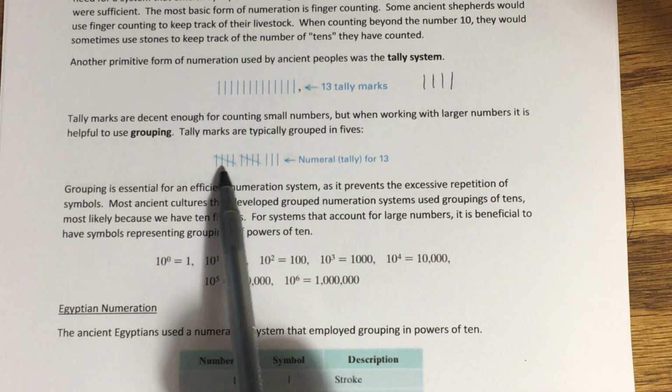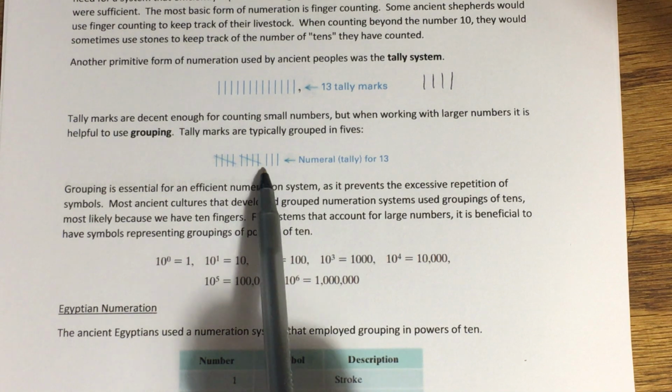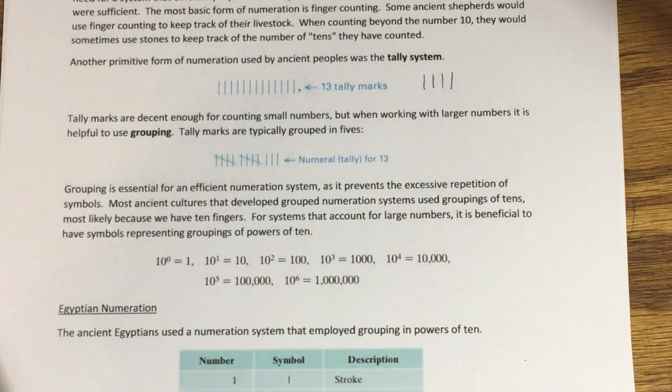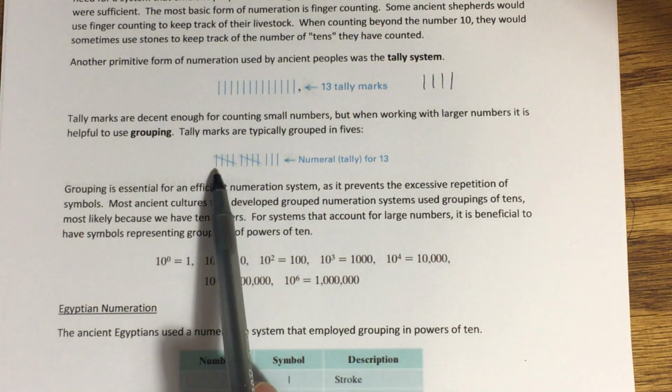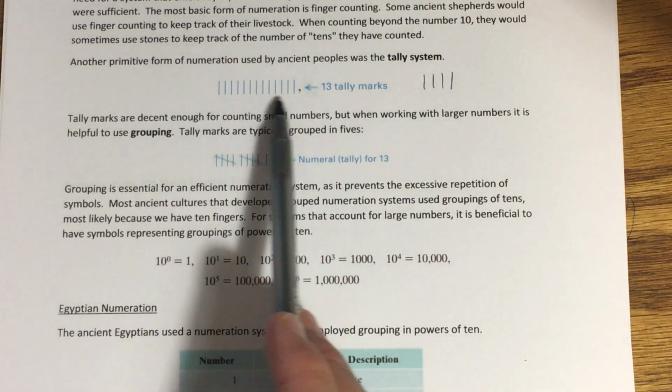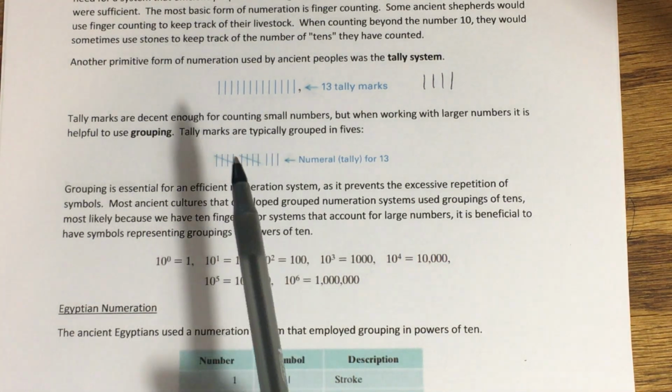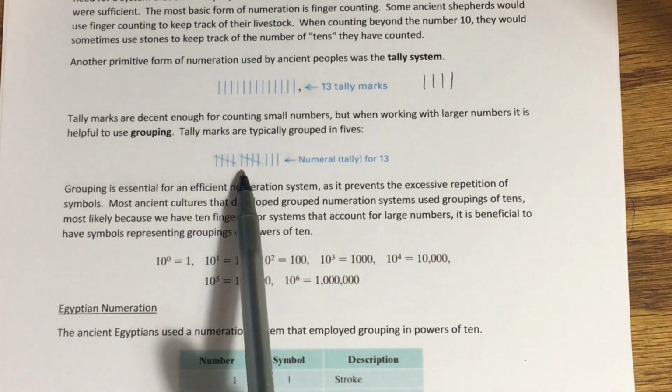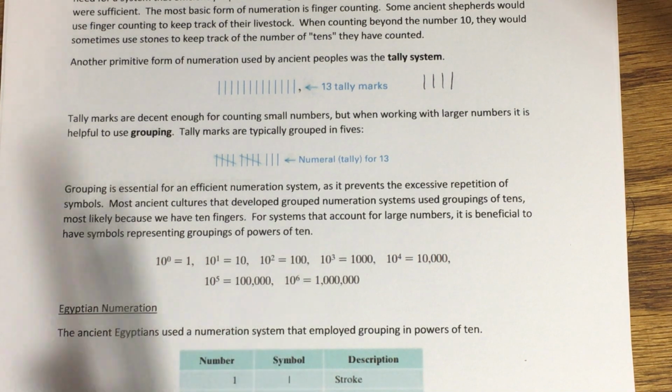And so what this does is it groups up tallies in groups of 5. And it's much easier to visualize that number with that grouping system. Our brains are much better suited for handling grouping than just this one-to-one correspondence. So 5, 10, I have 2 groups of 5 and then 3 more. That's much easier to tell that we're looking at the number 13.